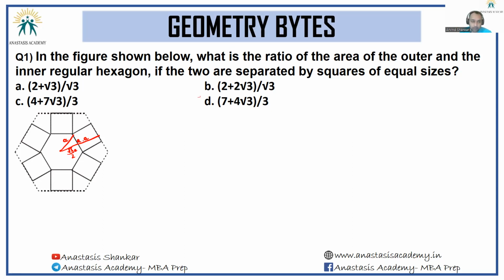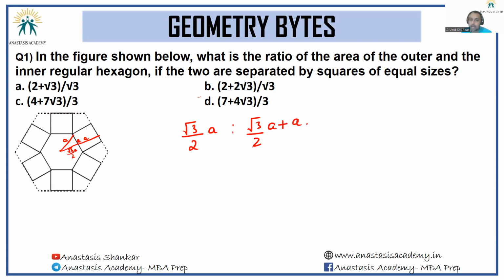For the inner hexagon, the line from the center to one of the sides is root 3 by 2A, and the line out to the outer hexagon is root 3 by 2A plus A.